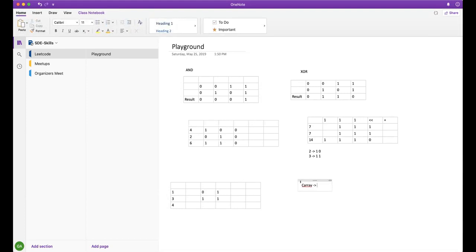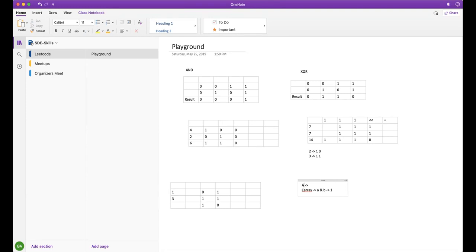What if we apply A AND B first? What will it give us? 0, 1, 1, 0. Let me write the values for A and B too, so it is more clear.